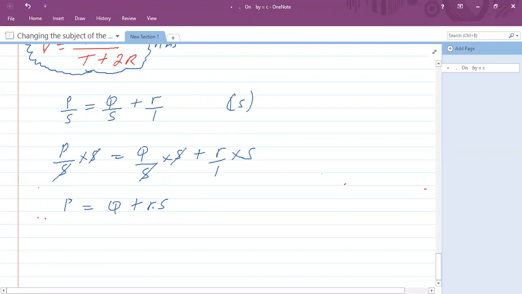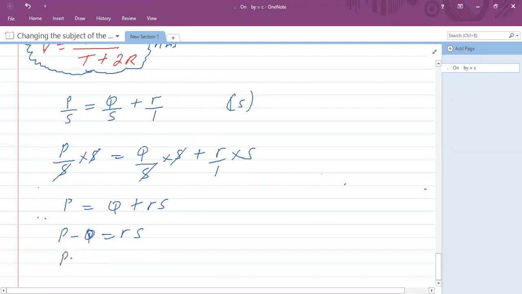So how do I make S the subject now? I'll move the Q first. This Q is positive, so I'm going to get P minus Q is equal to RS. All right. Then the next thing, I get rid of the R. The R is multiplying, so it's going to divide.